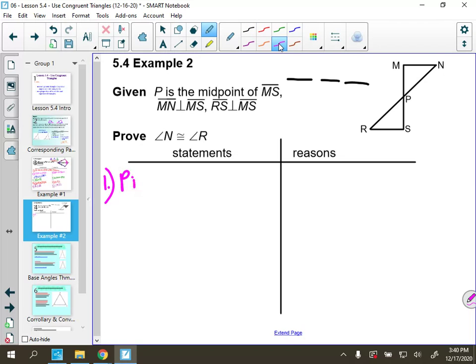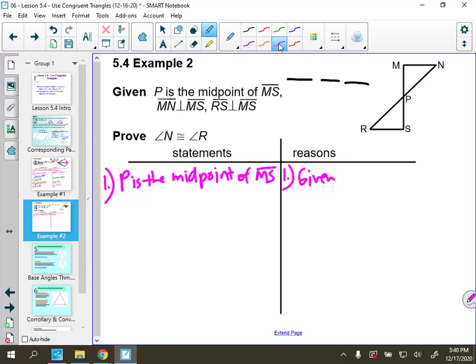Given point P is the midpoint of segment MS. All right, that's given to us. That's not a statement of congruence, so I'm not going to put a little S or a little A in my blanks yet, but it's going to help us get something later down the road.